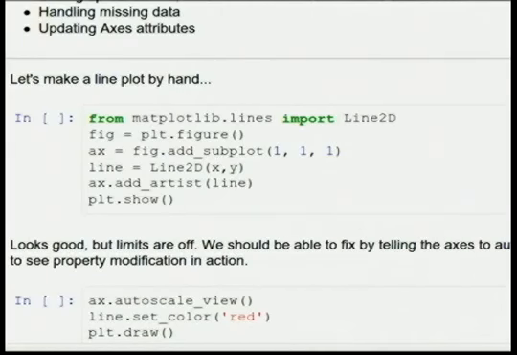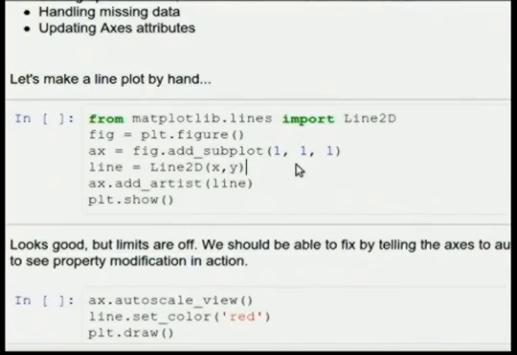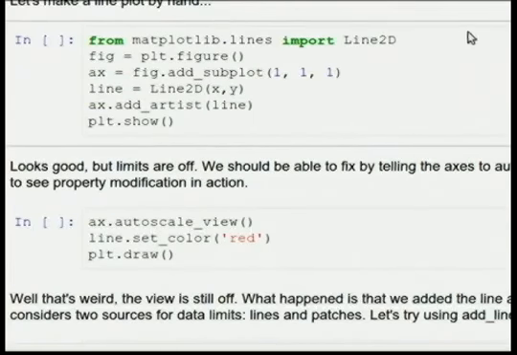Handles processing missing data for you, NaNs, and using masked arrays. Some plot methods can just use that directly. Some need a lot more removing of bad points. And of course, you need to update certain axes attributes so it can track it or update plotting limits automatically, things like that.